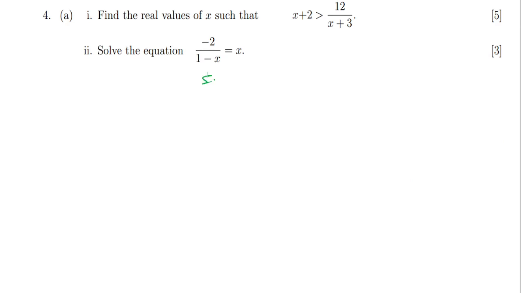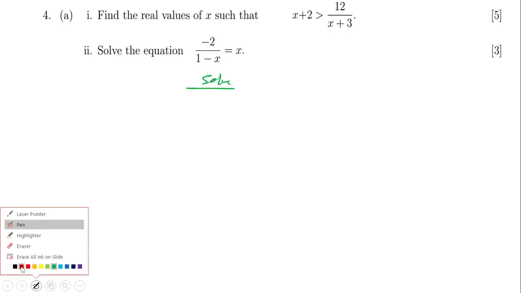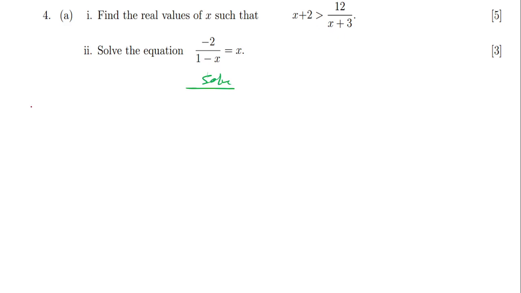So I'll write my solution, and in this solution I have been given the inequality, which is x plus 2 should be greater than 12 over x plus 3. Okay, and this is our I. One rule in inequalities, when you're doing inequality, one of the rules that you need to understand is do not cross multiply.